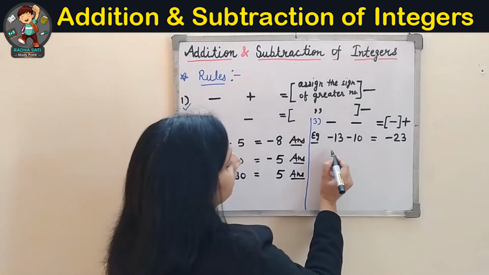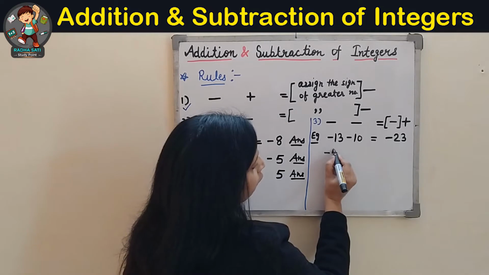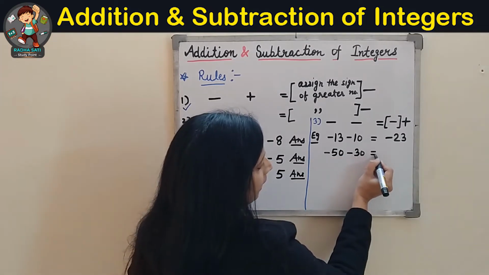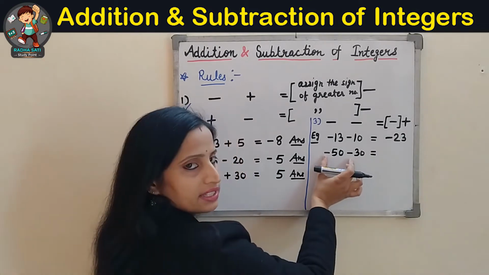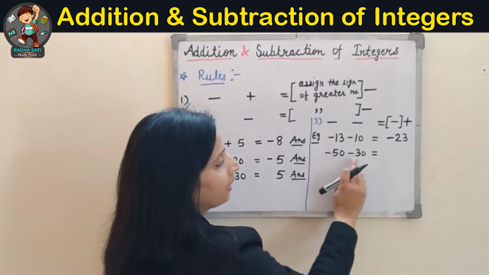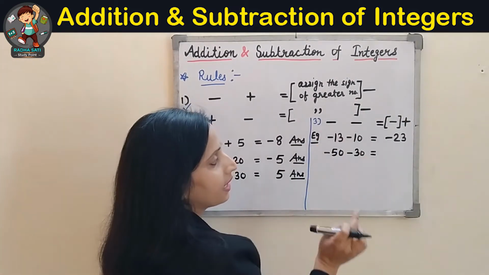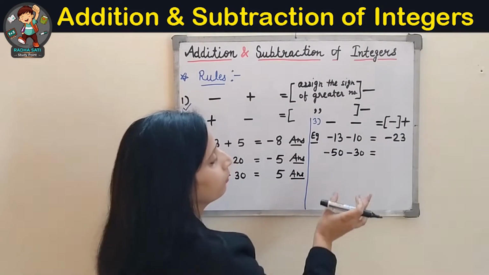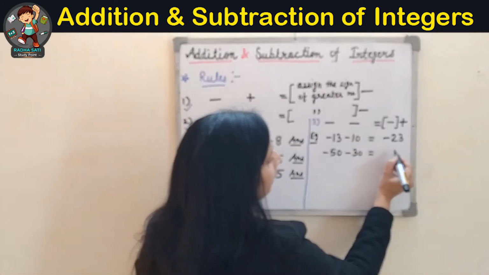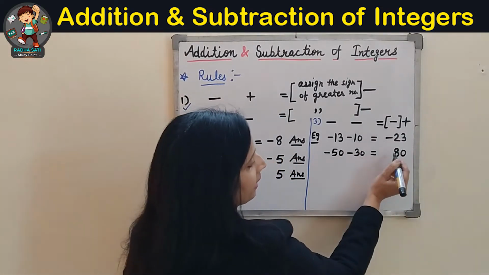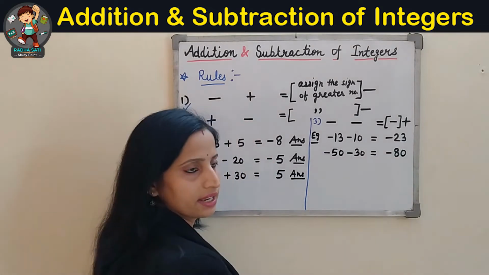You may take another example. Minus 50 minus 30. Again, both are negative integers. This one is negative and this one is also negative. And we know whenever both the integers are negative, we will add them. So 50 plus 30, 80. And we will put the sign of minus before our answer.